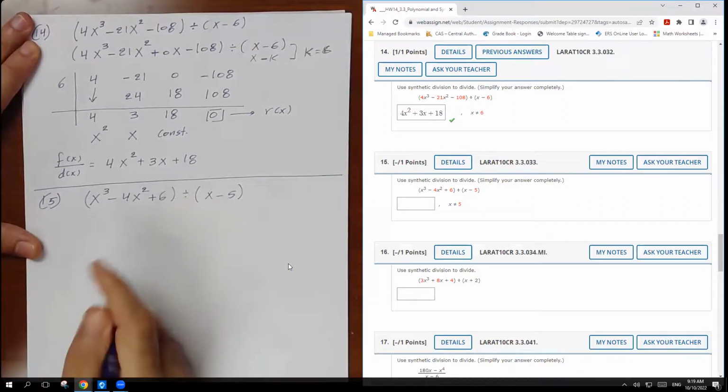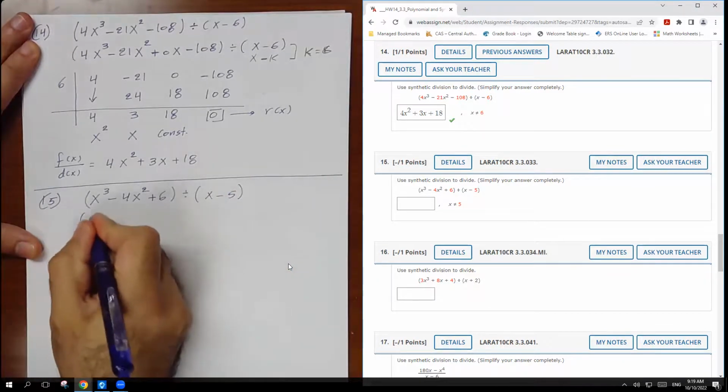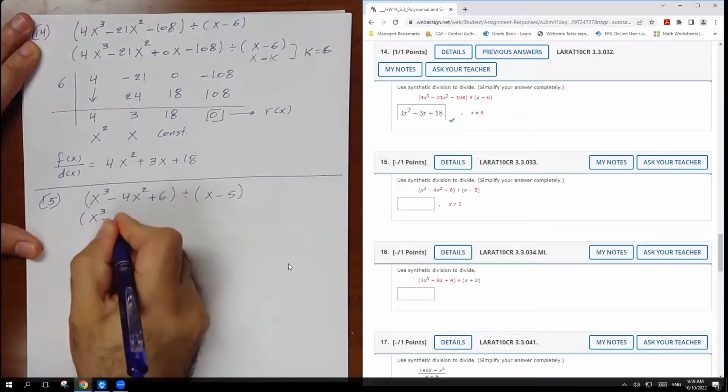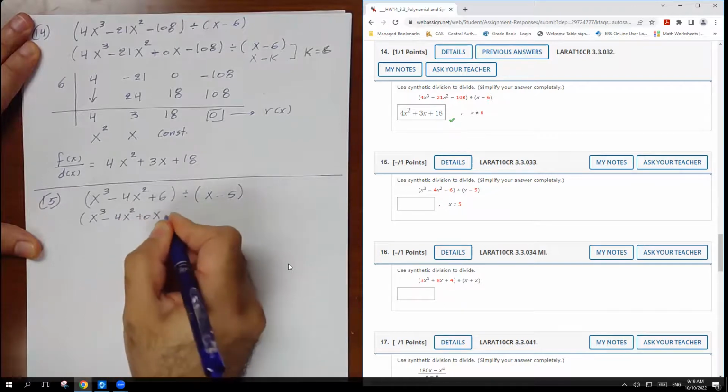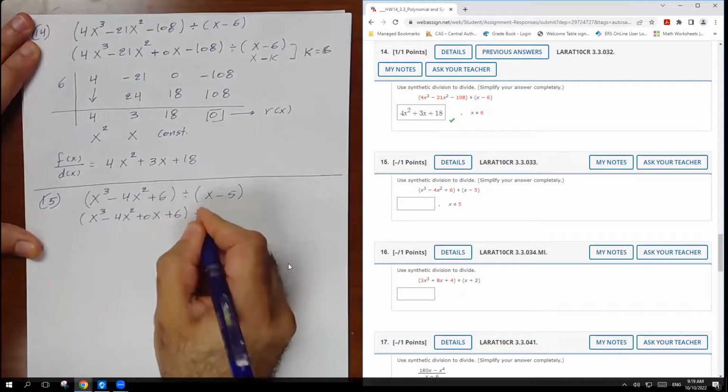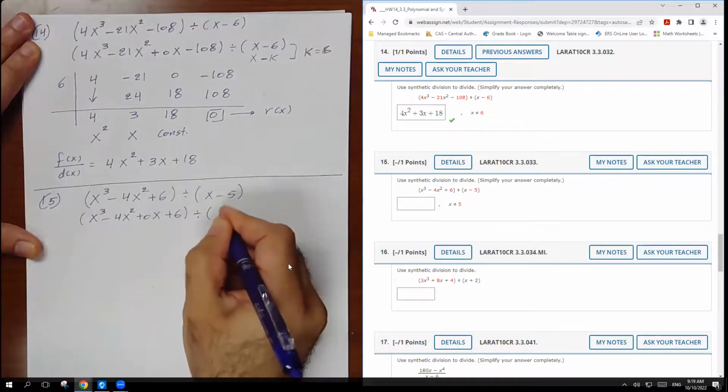The missing term here is the x. So I'm going to write down this again: x cubed minus 4x squared plus 0x plus 6, and everything is divided by x minus 5.